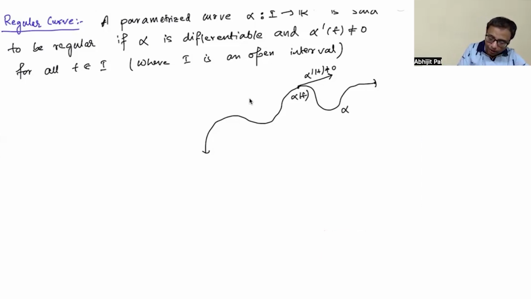Let me also define what we mean by a tangent vector, also called the velocity vector. Let alpha be a differentiable curve.